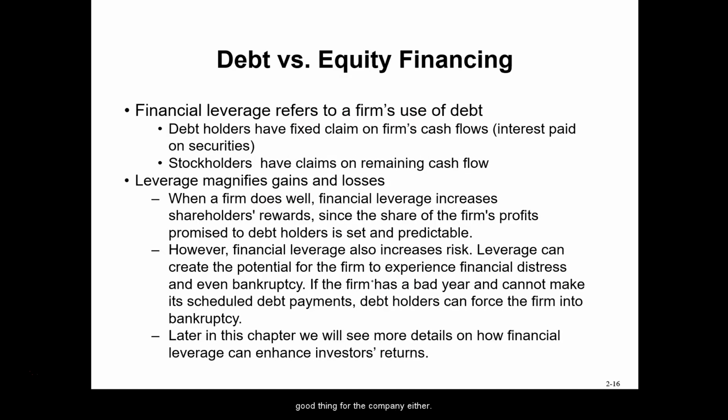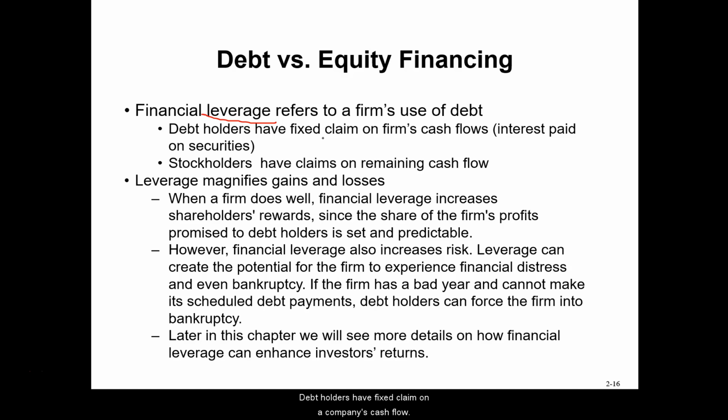Next thing we look at is the company's financing method. So a company either finances itself by debt, or say borrowing money, or equity, or say raising equity. In finance, we have a term called leverage. So financial leverage simply refers to a company's use of debt, or say how much money it has borrowed.